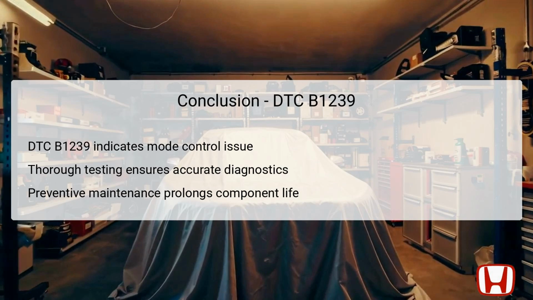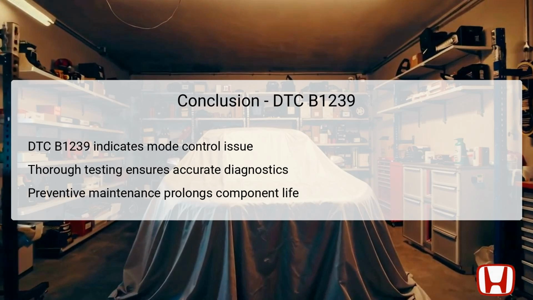2011 to 2017. Addressing this error requires a systematic approach to troubleshooting, beginning with clearing DTCs and using the Honda diagnostic system for thorough evaluations. Accurate testing and isolation of components are critical in pinpointing the exact failure sources, whether they originate from the mode control motor itself, the circuitry, or improper connections.